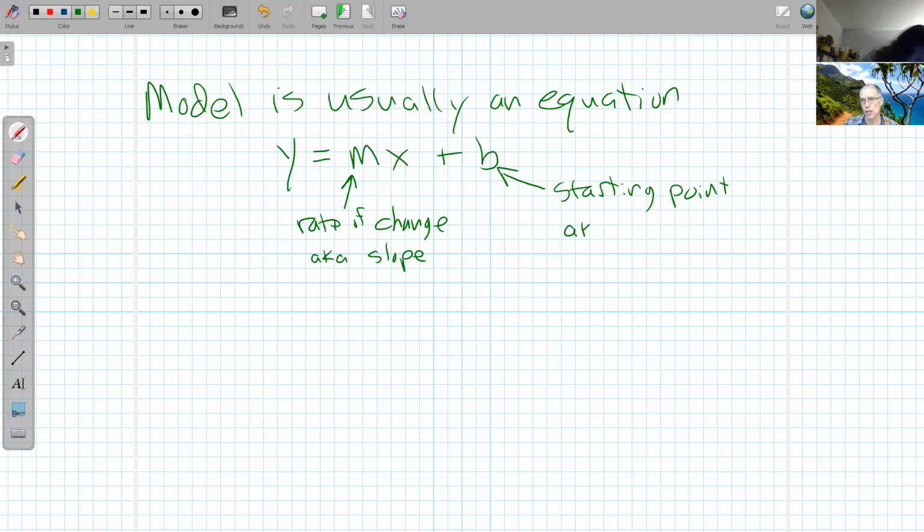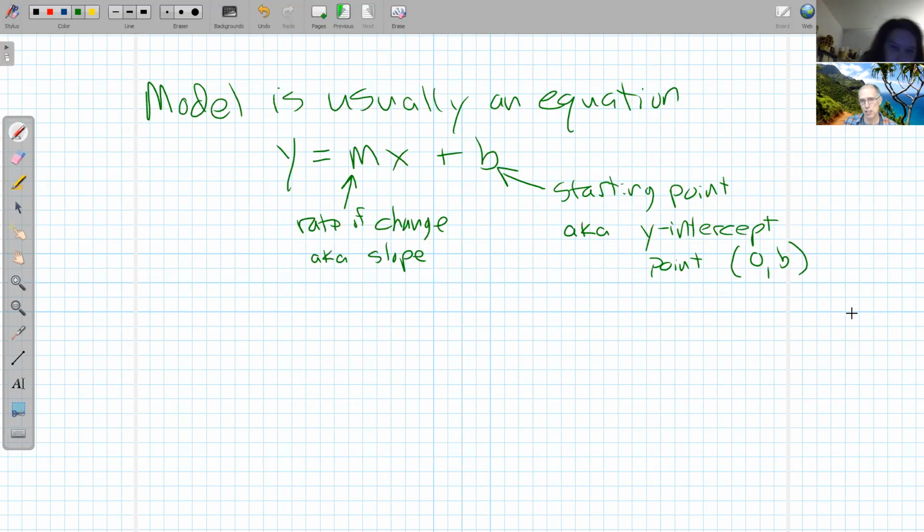It's also known as the y-intercept. And a y-intercept is a point. If I plugged in x equals 0, then the mx disappears and I just get the b. So it's the point 0, whatever b is.